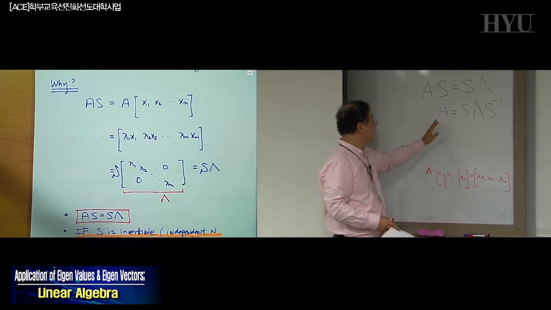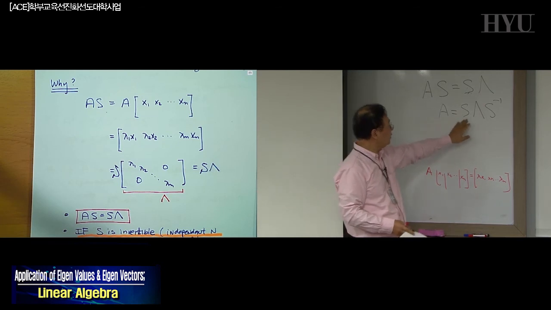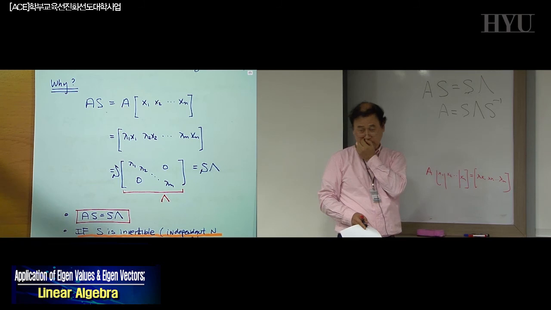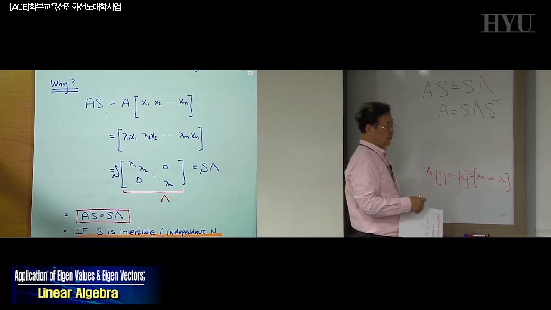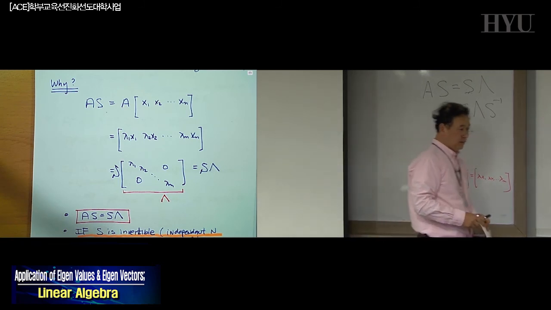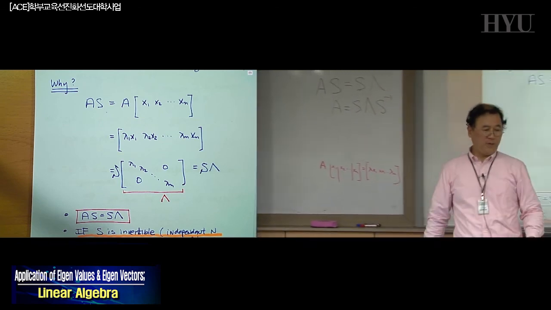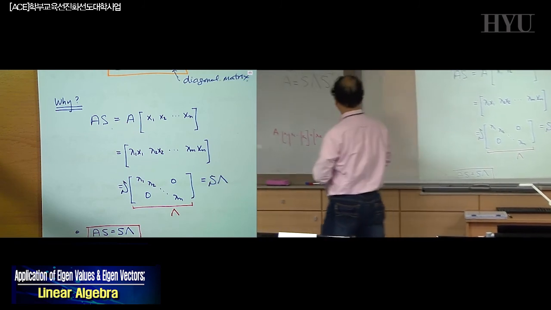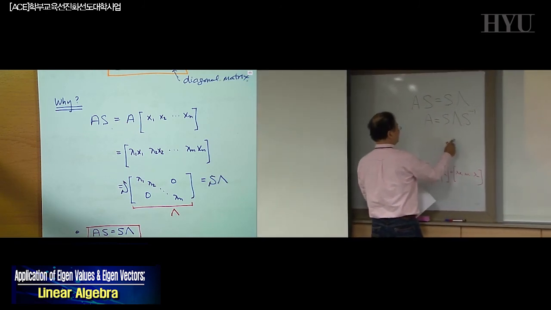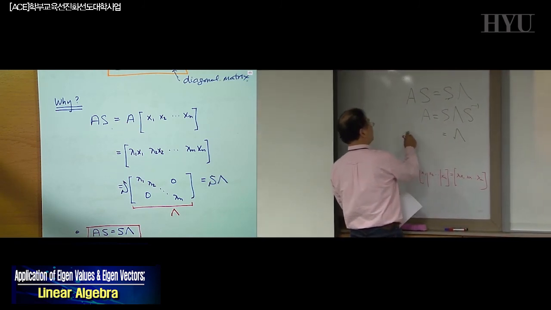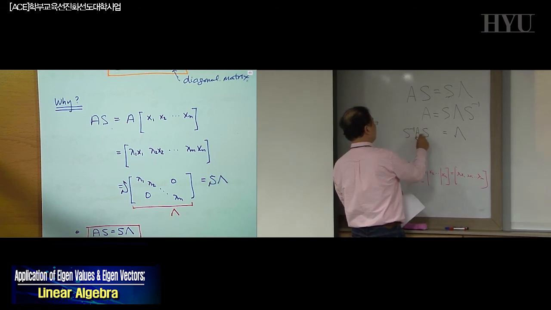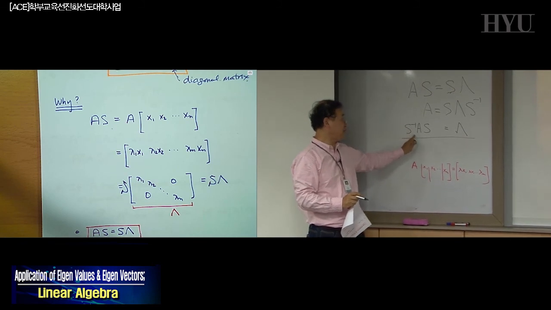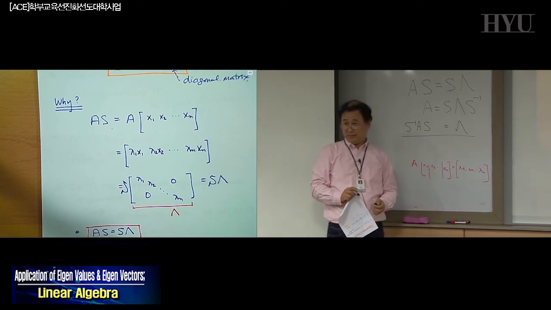So A is S lambda S inverse. This is also one of the factorizations. Or you can say lambda is S inverse A S. Same thing, right? From S, once you find the eigenvectors, you can diagonalize.